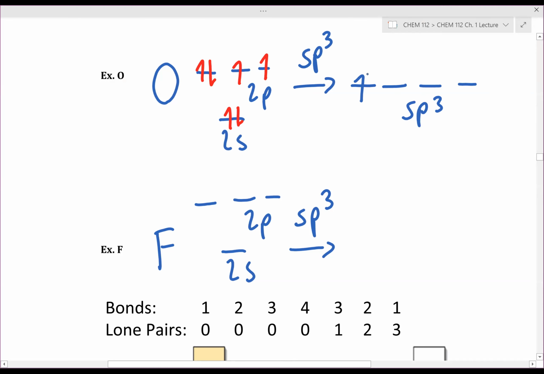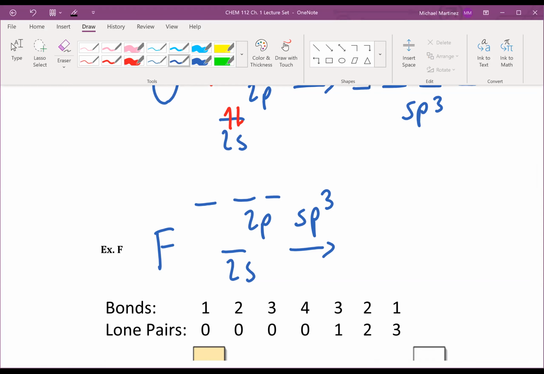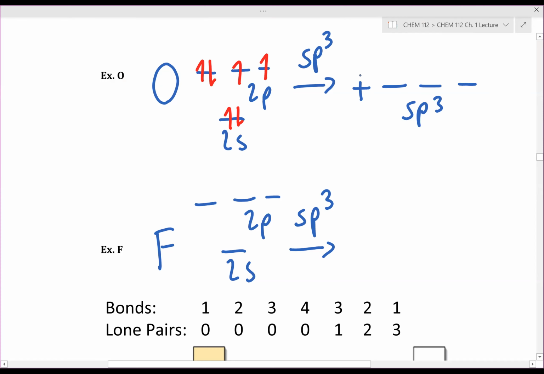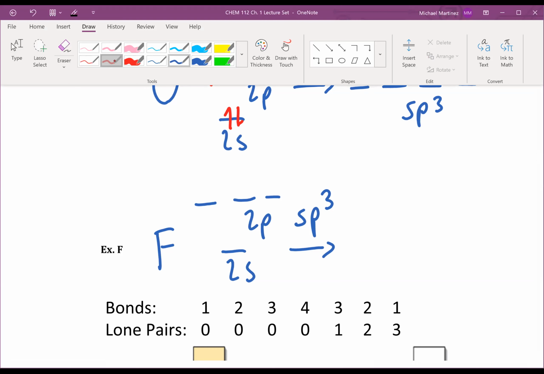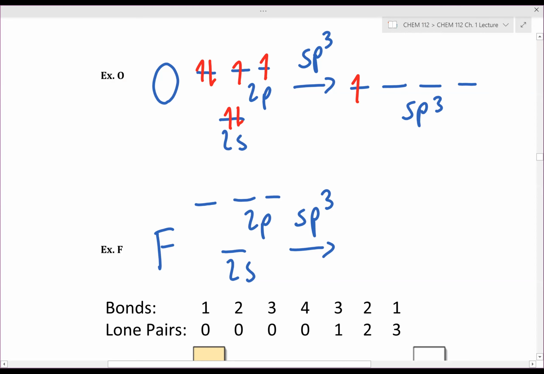So, following that logic, let's fill our hybrid orbitals. 1, oh, that's the wrong color, but let me rewrite this. Okay, there we go. 1, 2, 3, 4, 5, 6. So how many lone pairs would we predict for this sp3 hybridized oxygen? 2.